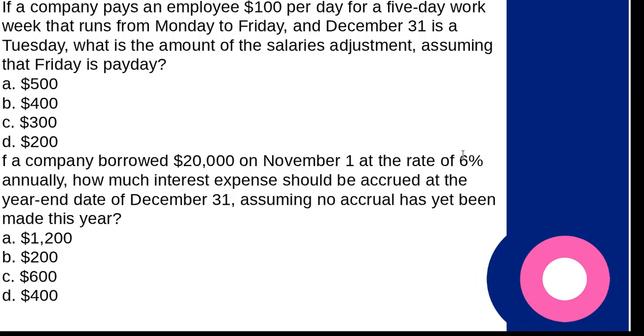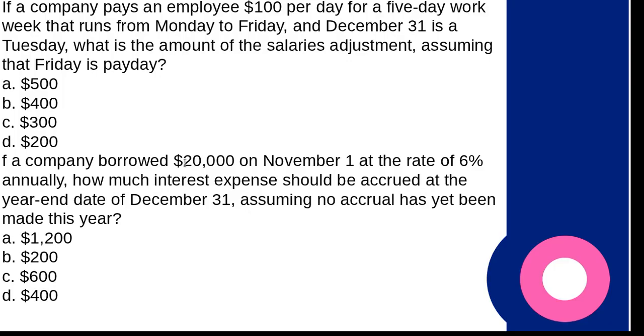So the interest is for 12 months. So when you compute 6% of 20,000, that will be like $1,200 divided by 12. That's like $100 times 2 months that you have just used. You should get that calculation very well.